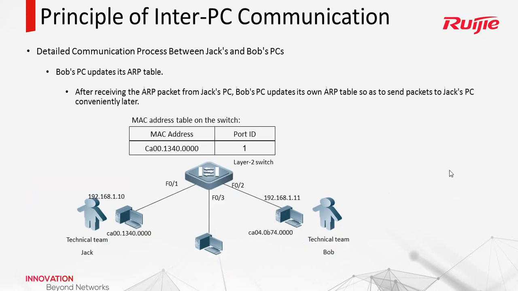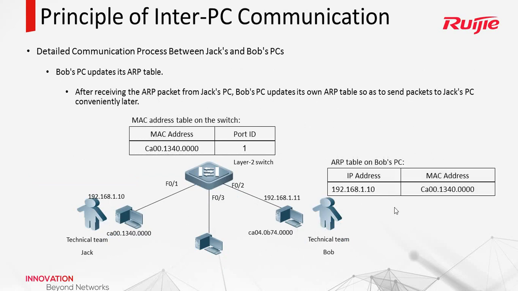After receiving the ARP packet from Jack's PC, only Bob's server will reply, because the destination IP is Bob's server. But before Bob's server replies, it will also record the IP address and the MAC address.